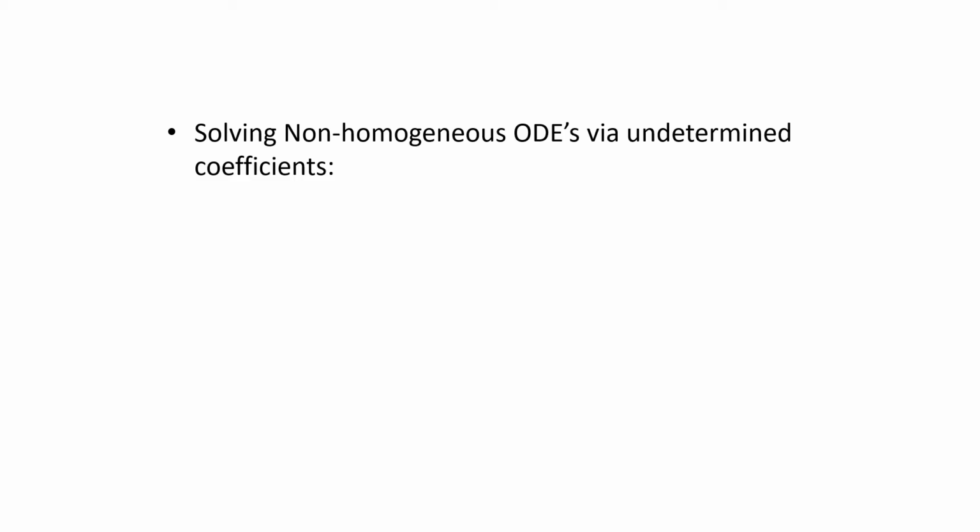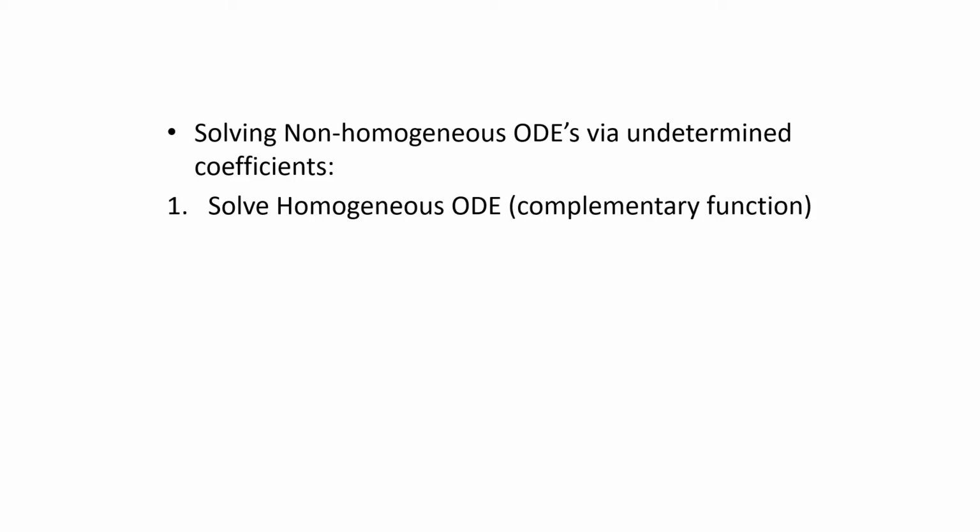All right, so to solve a non-homogeneous ODE using the undetermined coefficients method, the first thing that we're going to do is solve the homogeneous ODE. That's going to give us what's called the complementary function, which we write as y sub c. Then we're going to pick a generic form of g of x, and we're going to assume that that is our yp.